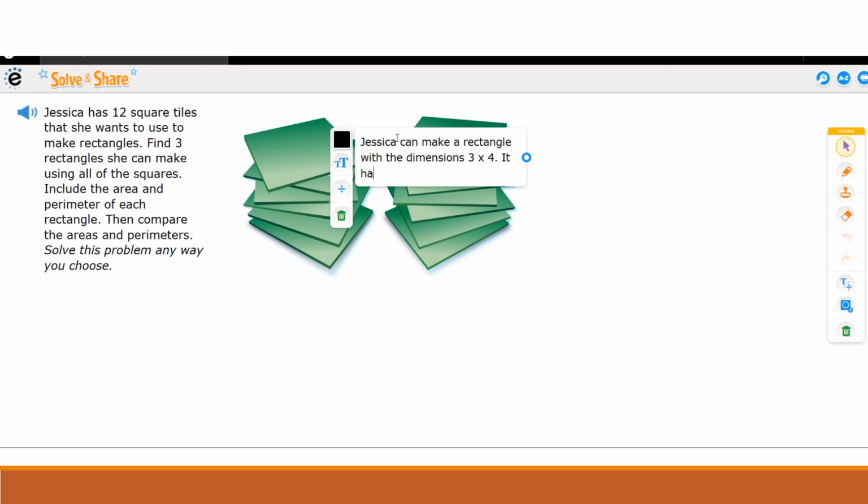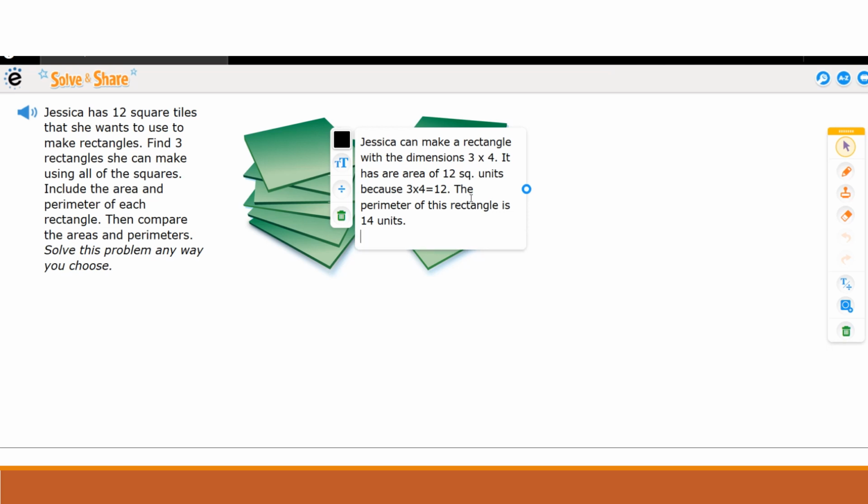It has an area of 12 square units because 3 times 4 equals 12. The perimeter of this rectangle is 14 units, right? We counted all the way around.